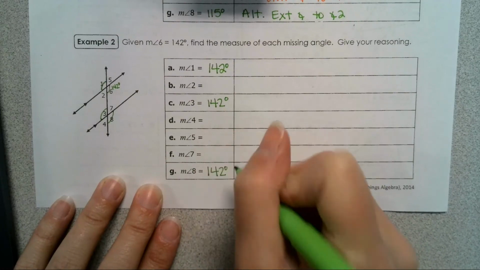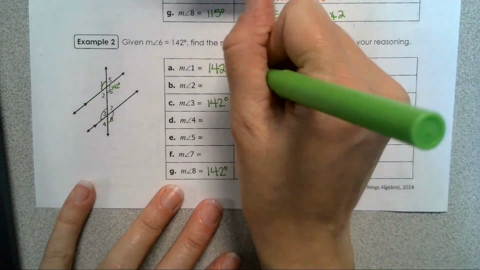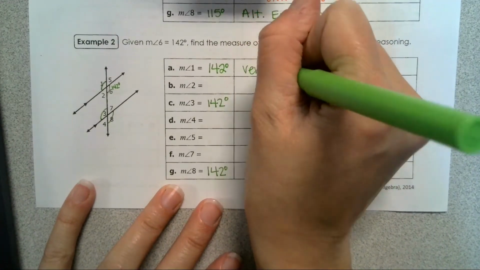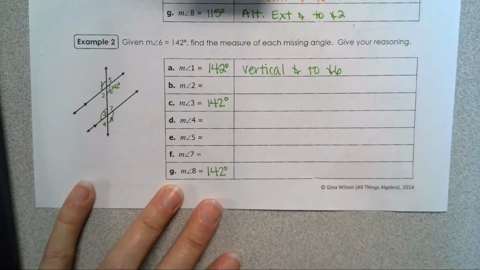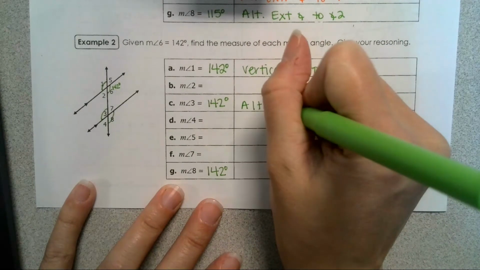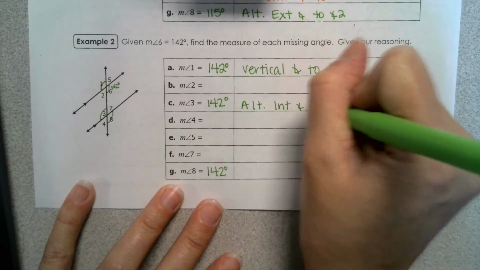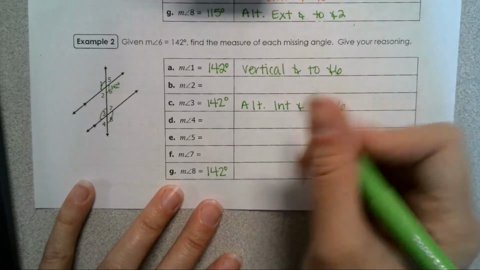I like to write them in and then go back and write out my answers afterwards. So let's see, I'm going to say that angle 1 is a vertical angle to angle 6. Angle 3 is an alternate interior angle to angle 6. And 8 is corresponding.